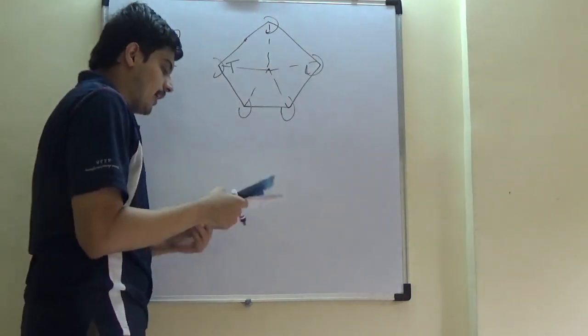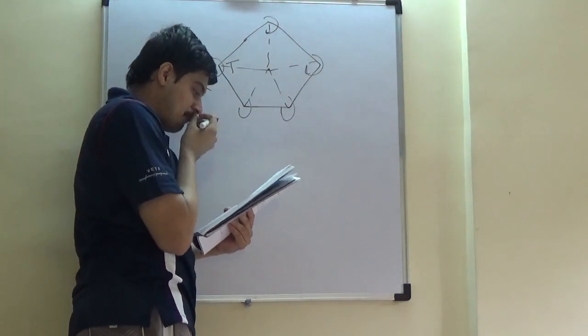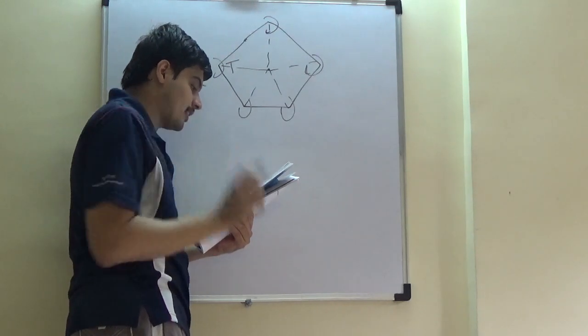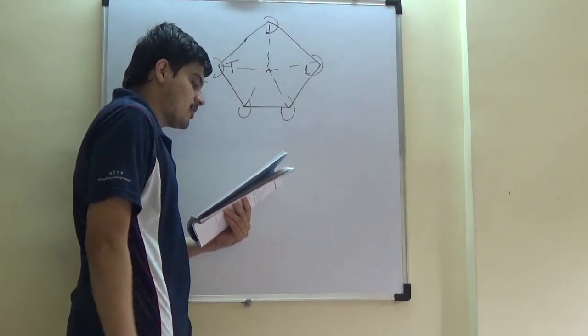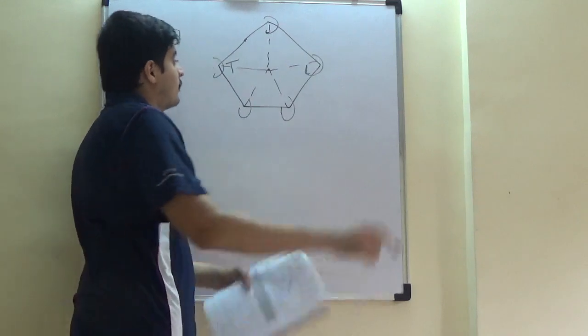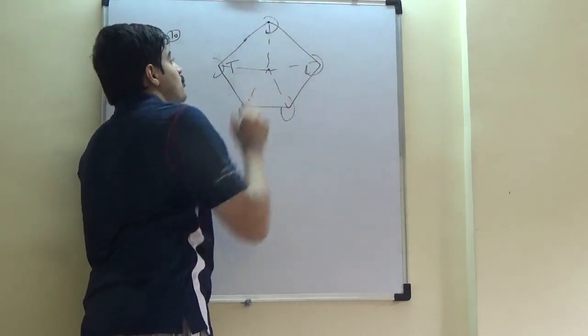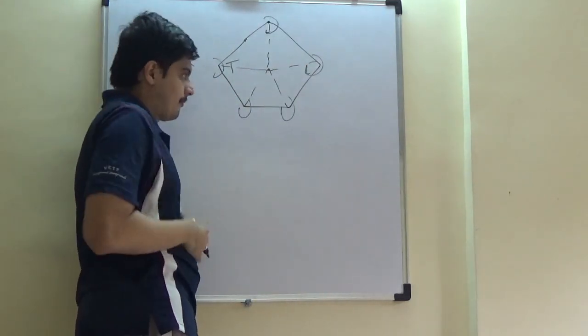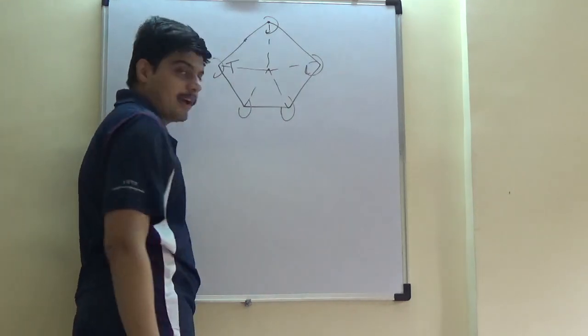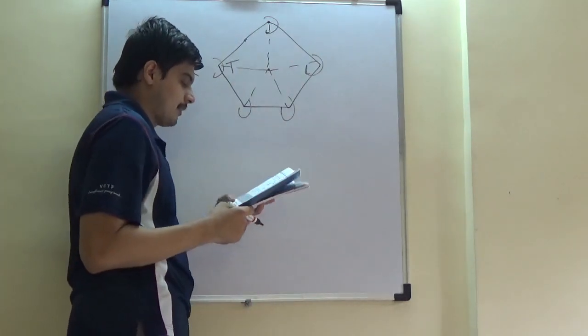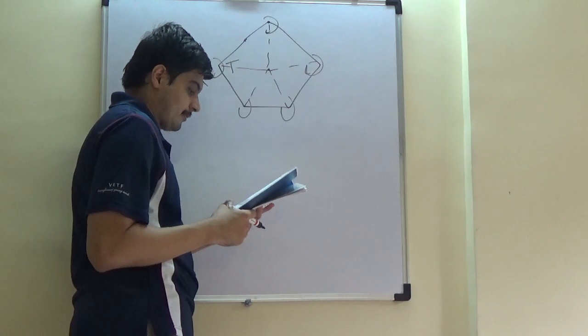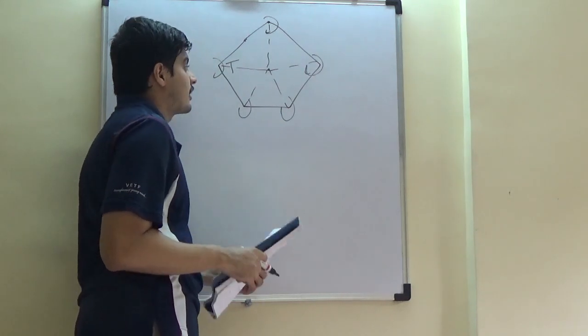These 5 equal triangles. We have been asked the tangential velocity component induced at any corner by the other 4 vortices. And this analysis we have to extend to a regular n-sided polygon.